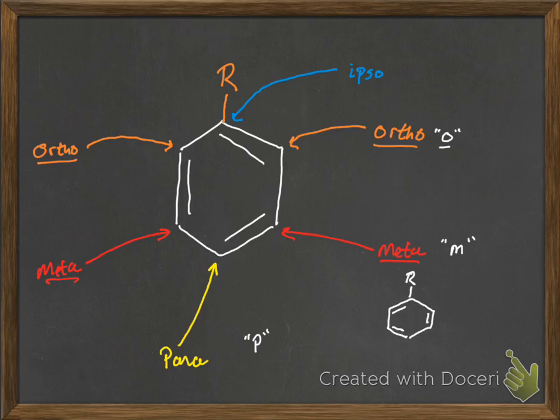Tell us another one. All right, so what I want you to remember is the every other atom pattern of partial charges on an aromatic ring.